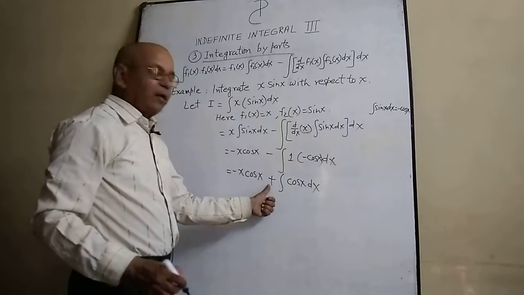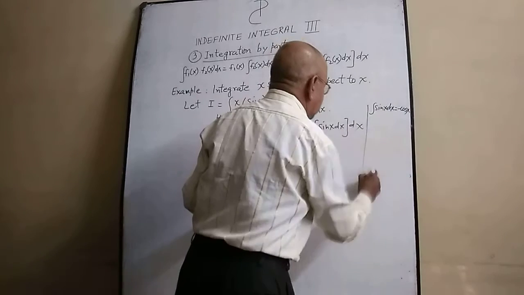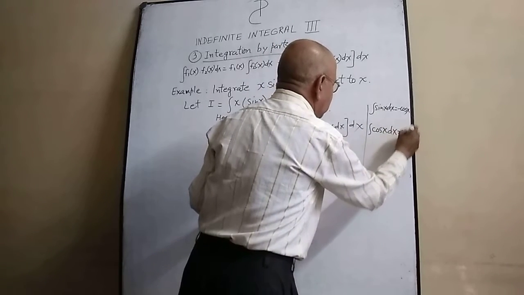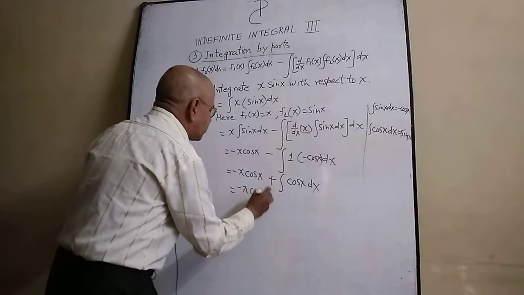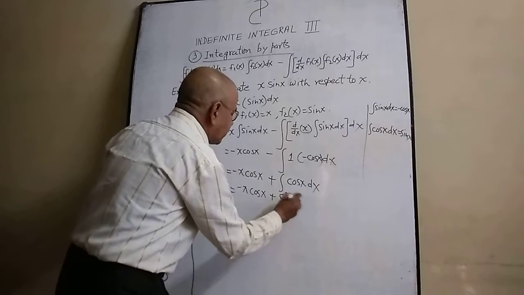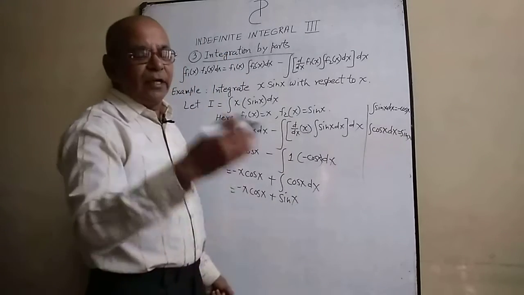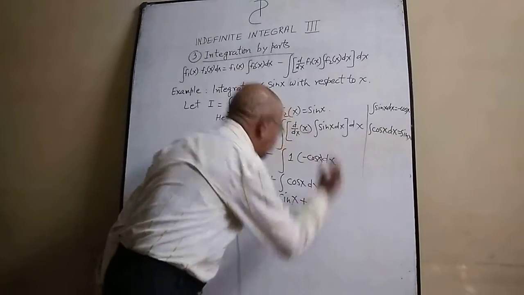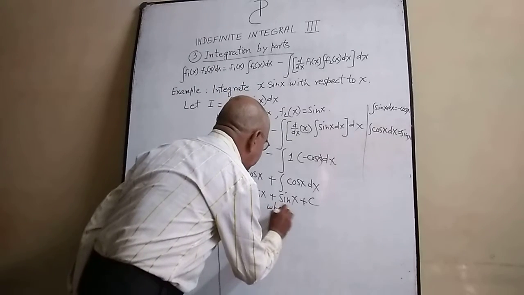That is minus x cos x plus sin x, and our integration process is over. We are just at an initial stage of this integration, and therefore it is an indefinite integration, and that's why we use a C, where C is the integration constant.